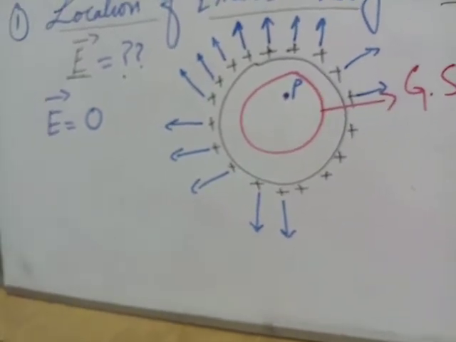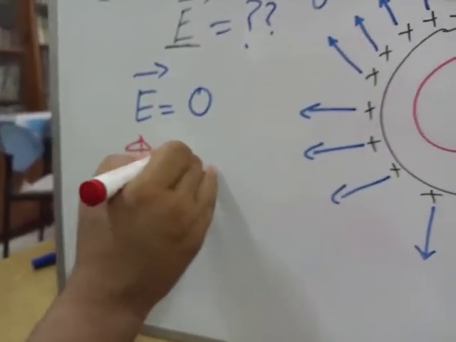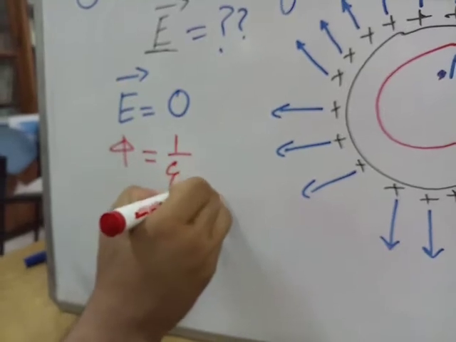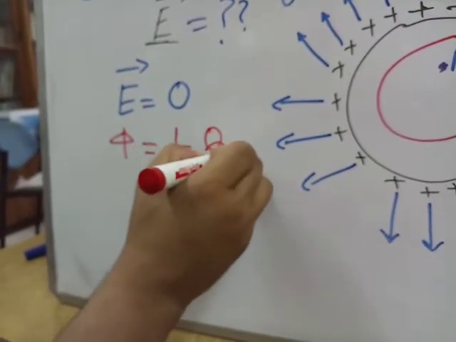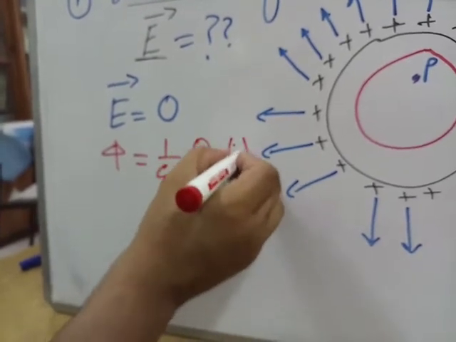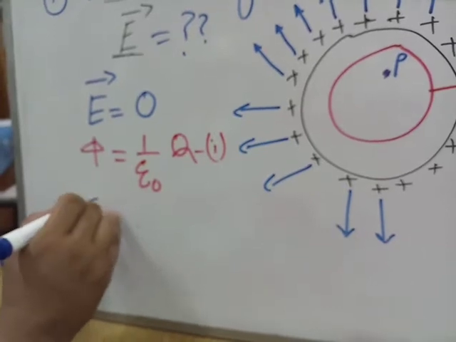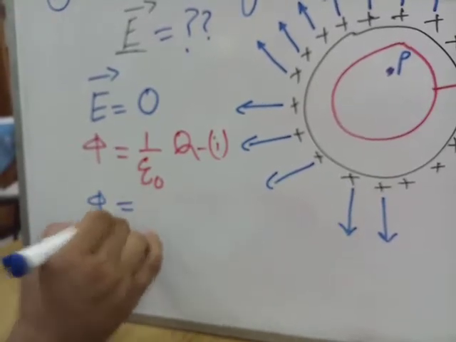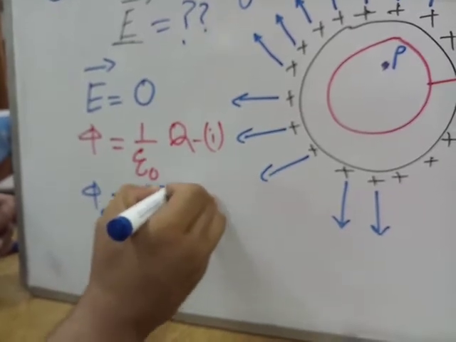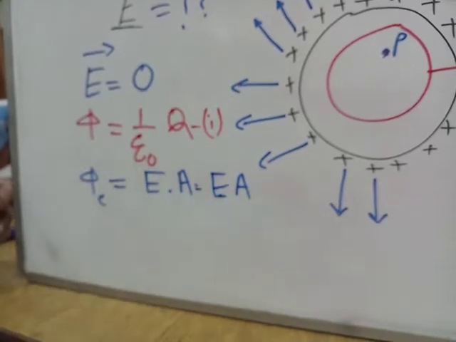So how? By definition of Gauss's law, flux is equal to 1 over epsilon naught times the total charge. Let the charge be q. This is definition 1. And by definition of electric flux, flux is E dot A. It means for maximum flux, this is EA.